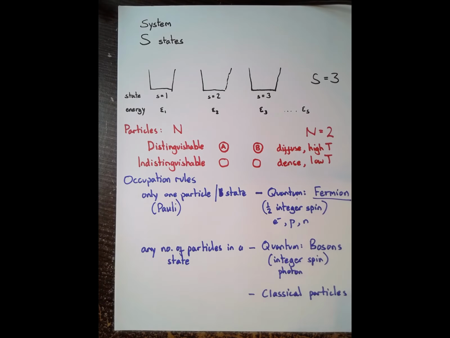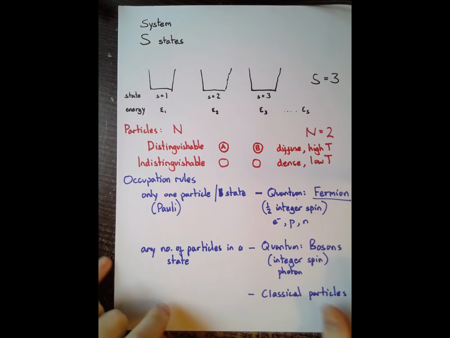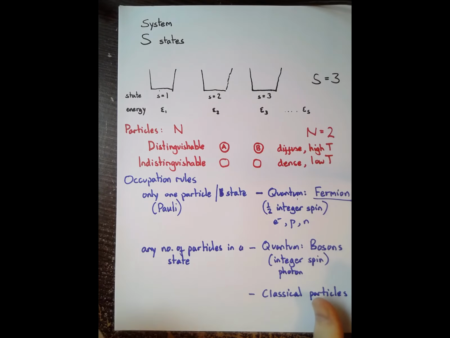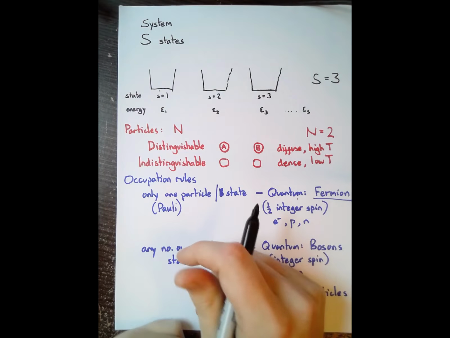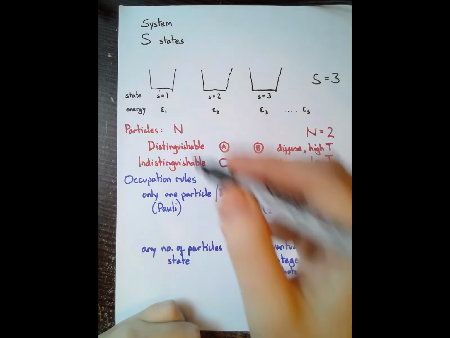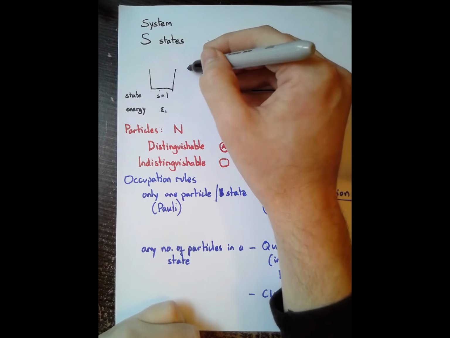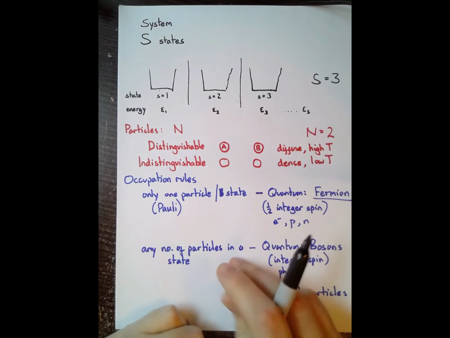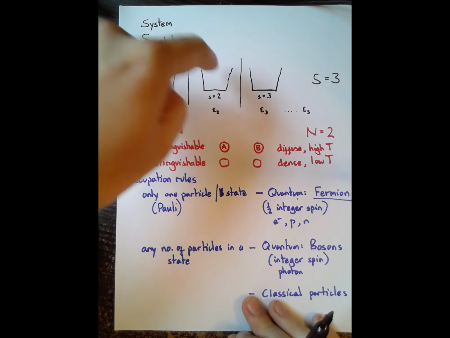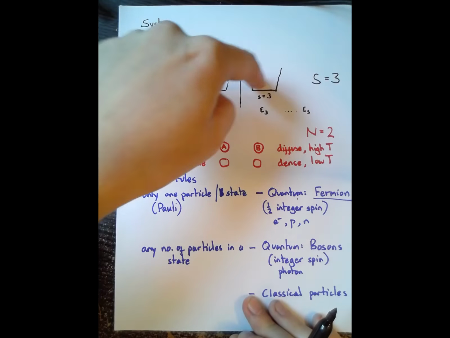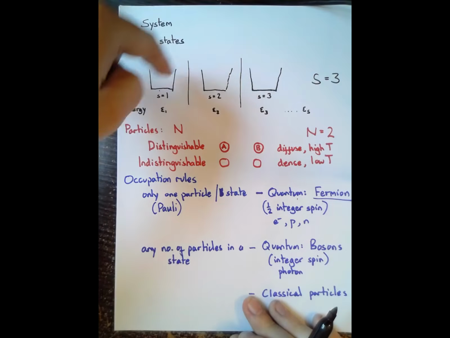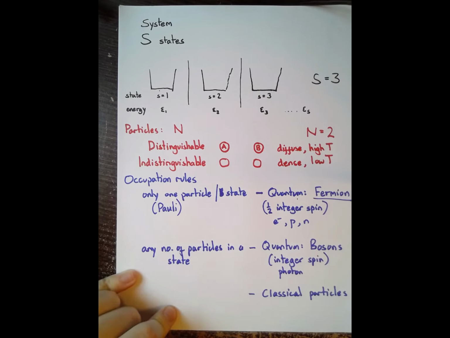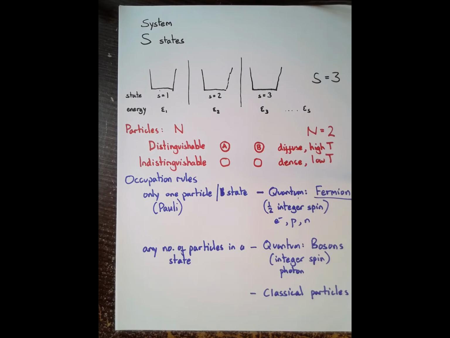What's the minimum number of symbols I need to represent 3 states? Well, it's actually just 2 vertical lines. If I just draw 2 vertical lines, one here and one here, that immediately separates this from this from this. So the 2 lines create 3 spaces, and then I can just use circles to denote particles.